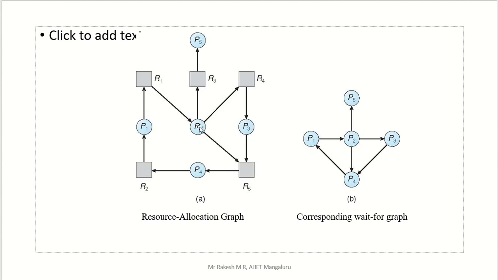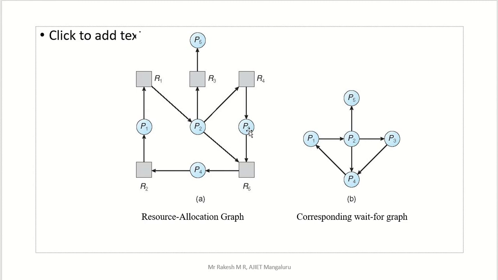Then we can go for P2 again. P2 is requesting R4, but R4 is allocated to P3. So the arrow mark is here. You can see this arrow mark. P2 is waiting for completion of P3, and P3 to P4, because P3 is requesting R5, and R5 is allocated to P4.